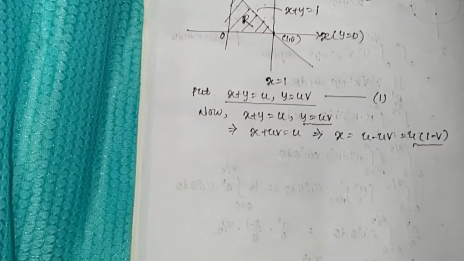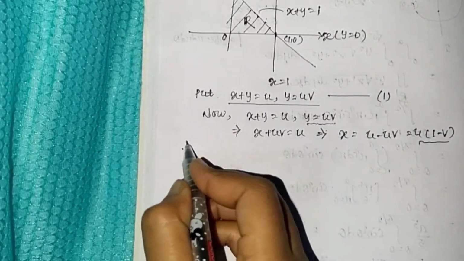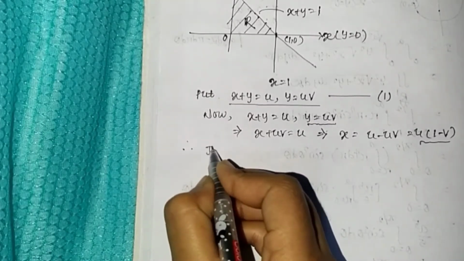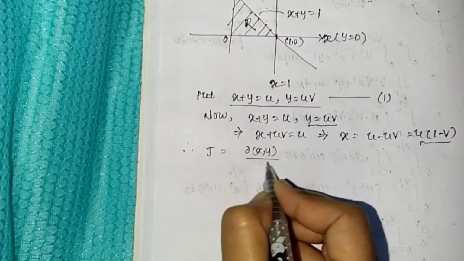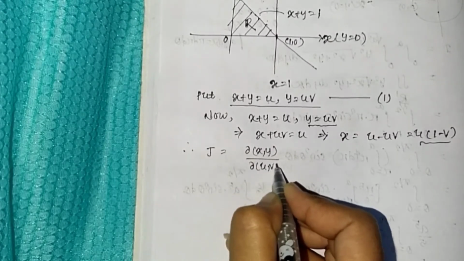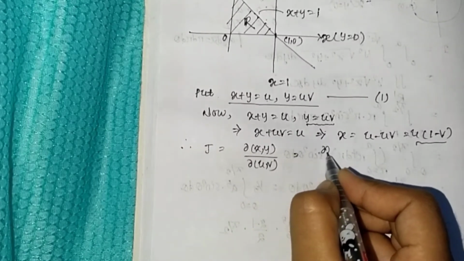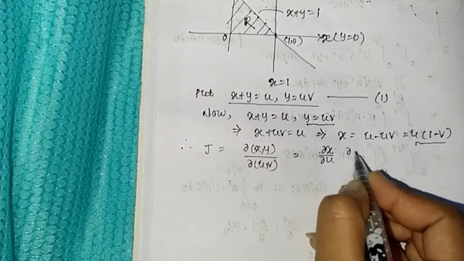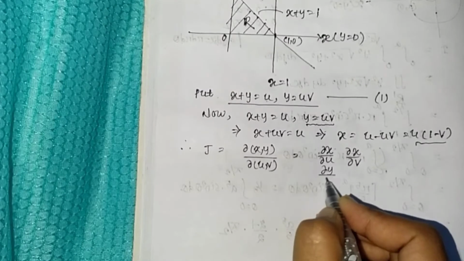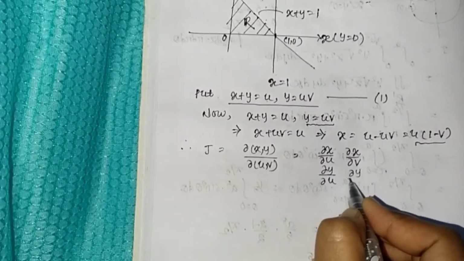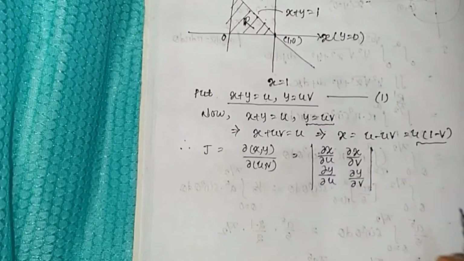Then we find the Jacobian for the conversion formula. So J equal to the Jacobian of (x, y) with respect to (u, v), that is equal to the determinant of del x by del u, del x by del v, del y by del u, and del y by del v.